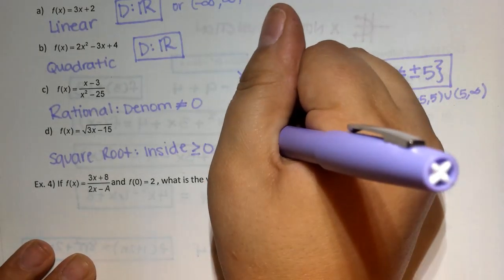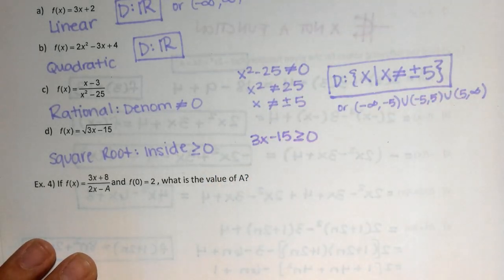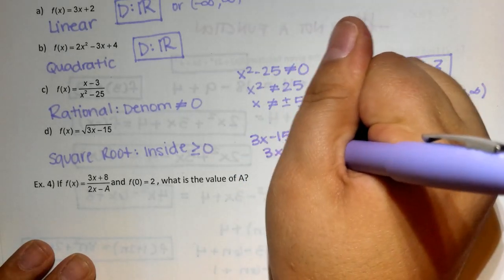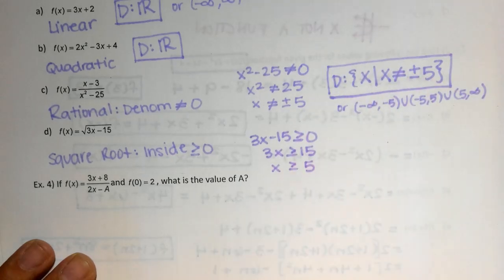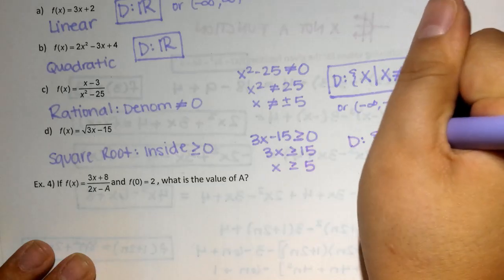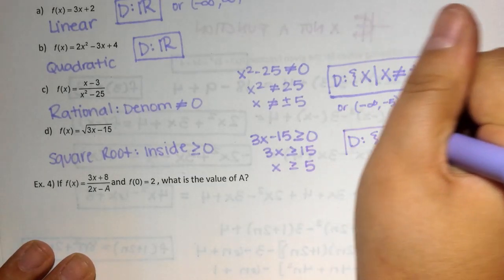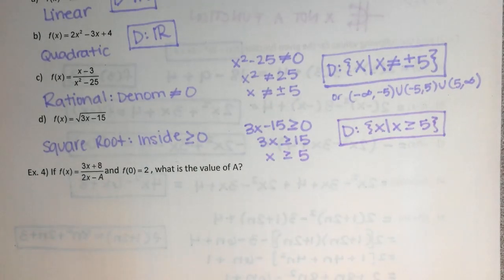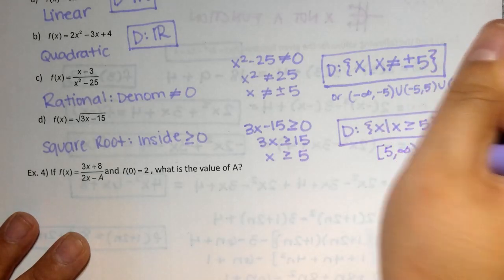So my inside is 3x minus 15. It needs to be greater than or equal to 0. Add 15 to both sides. Divide by 3. x is greater than or equal to 5. So my domain is x such that x is greater than or equal to 5. Or in interval notation, you could write 5 to infinity.